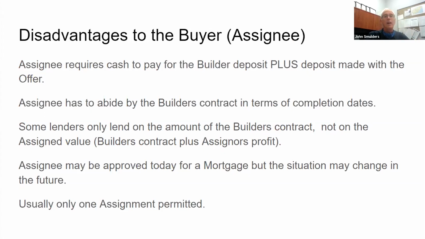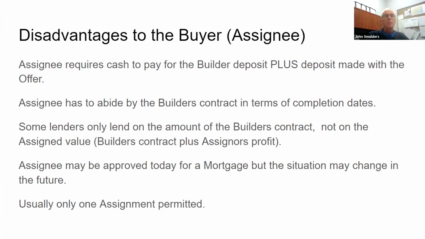When an assignee is buying the contract from the assignor, the assignor has paid the builder a deposit, okay? Let's say $50,000. The buyer, the assignee, when he enters into that contract, has to pay the real estate company, in terms of the contract, a deposit, just like any freehold sale, you know, $20,000, $30,000, $40,000 with the contract.